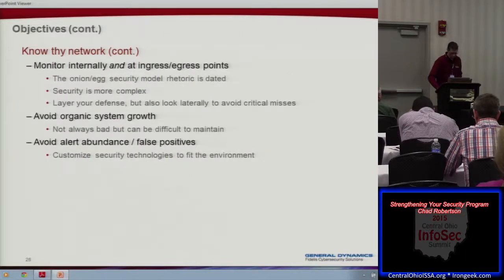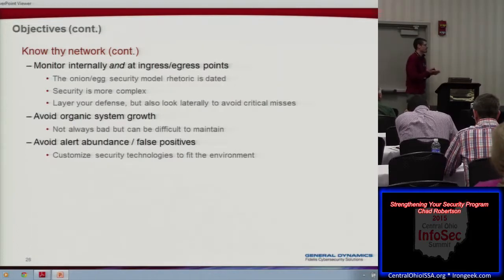Monitor internally, and at egress and ingress points. The onion security model rhetoric is, I think, difficult to apply to today's security landscape. Onion being layers, and I think it's a great model to define a simplistic perspective of security.